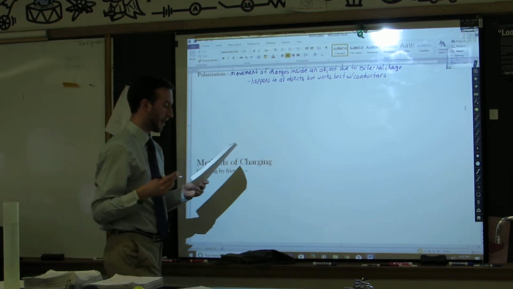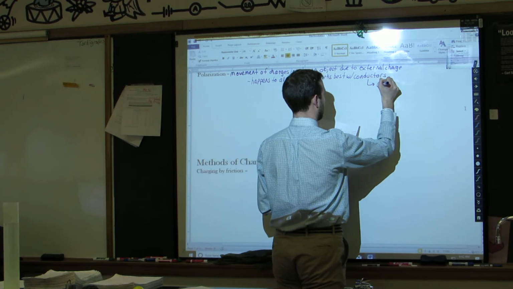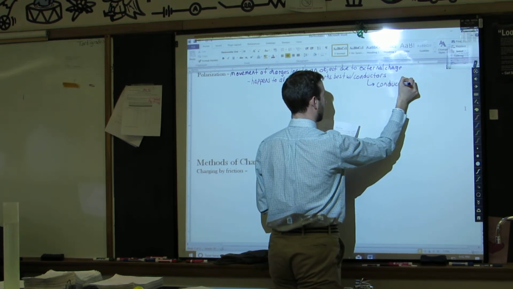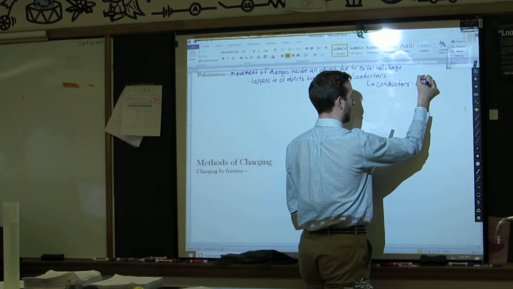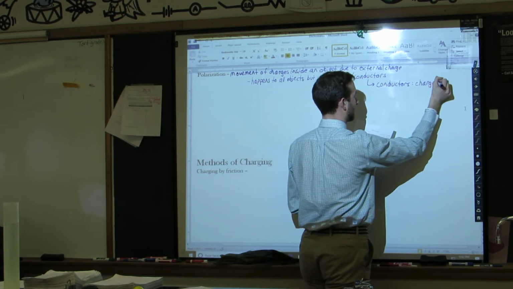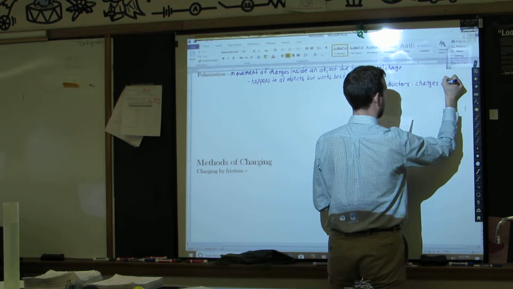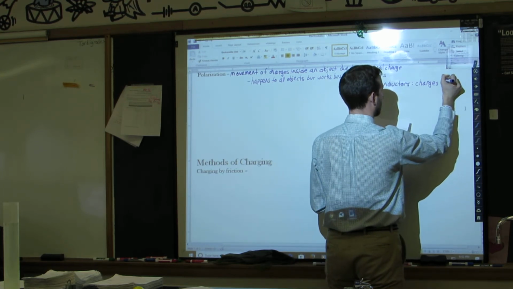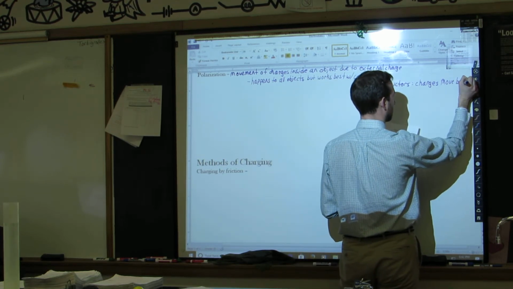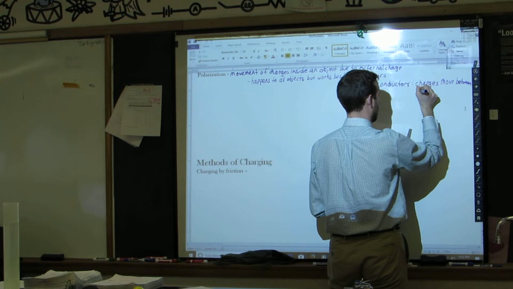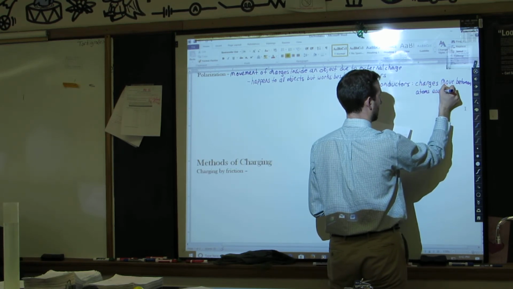The best way to describe a conductor, and I'll do this off to the side real quick, we'll talk about conductors and insulators before we get back to polarization. A conductor is an object in which the electric charges, in other words electrons, can move between atoms easily.